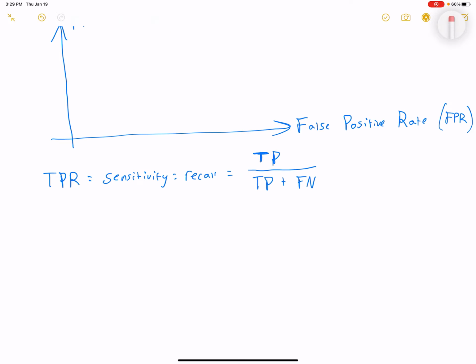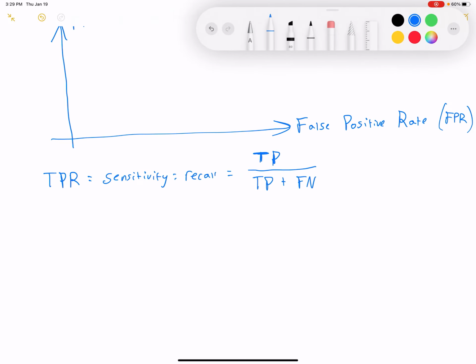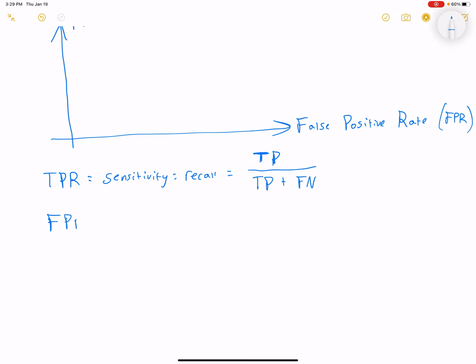And the false positive rate is basically what happens when you flip each of those elements. So it's the false positives over the false positives plus the true negatives.